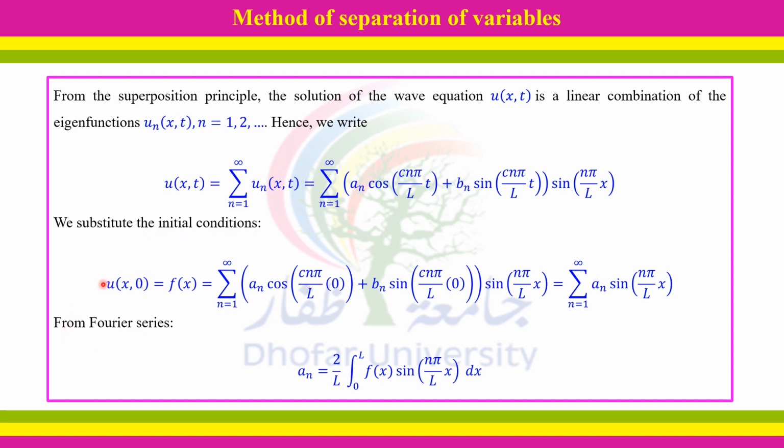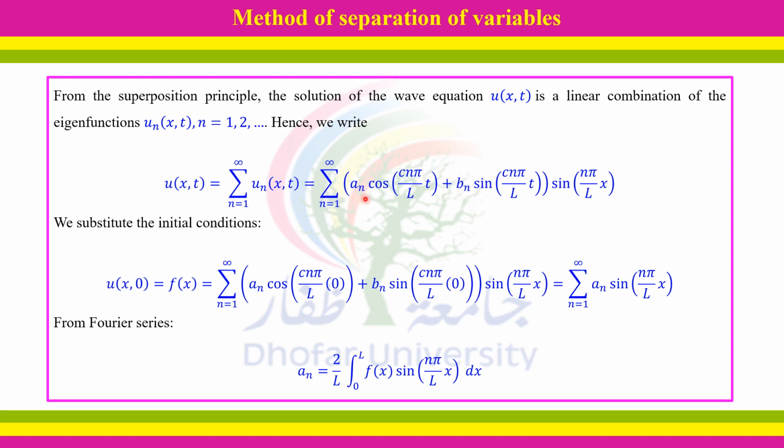When we substitute the first initial condition, u of x and 0 equal f of x, now when we substitute 0 instead of t here, we obtain cosine 0, which is 1. So we obtain A_n from this term here. And sine 0 is 0, so this term cancels.